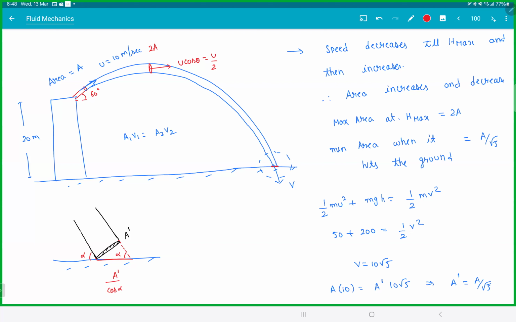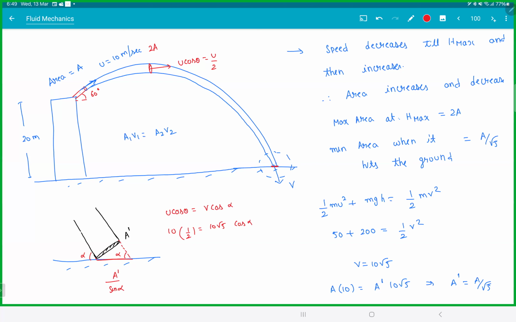That alpha is not 60 degrees. u cos theta is equal to v cos alpha. Did you forget kinematics? Horizontal velocity always remains the same. So u cos theta is half, and v will be 10 root 5 cos alpha. Actually, this is A dash by sin alpha, the opposite side actually.